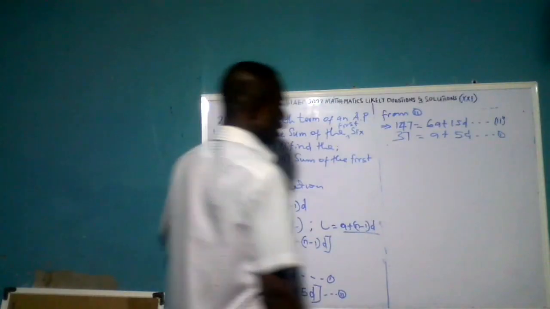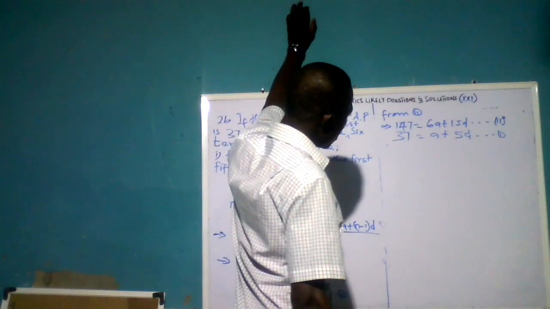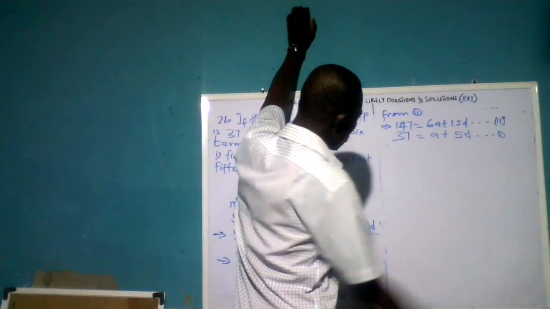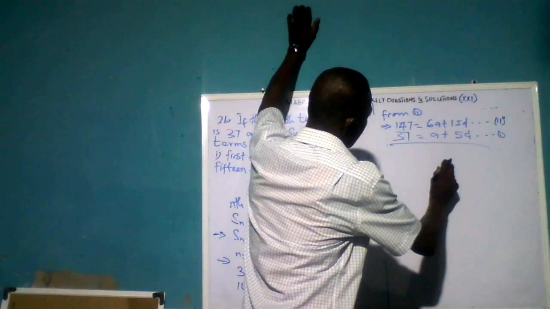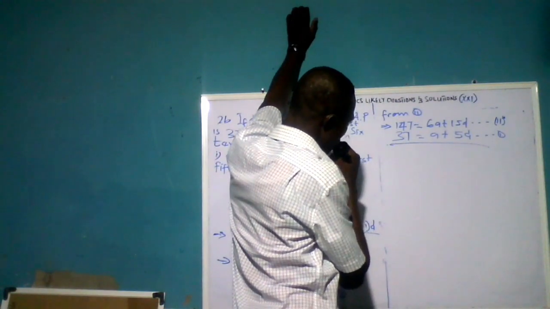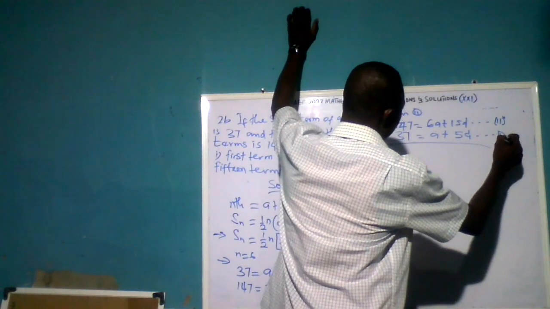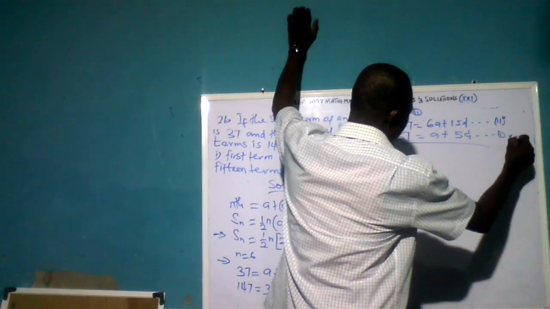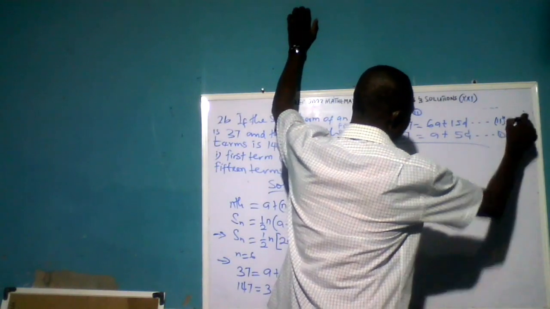Now subtract equation 1 from equation 2. Actually, let's not do subtraction directly. Multiply equation 1 by 6 and keep equation 2 as it is.